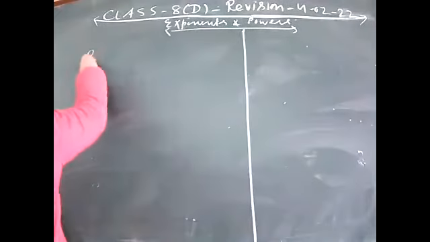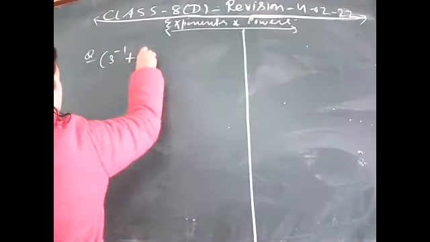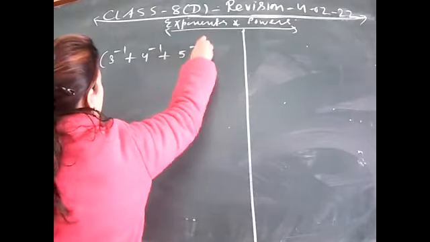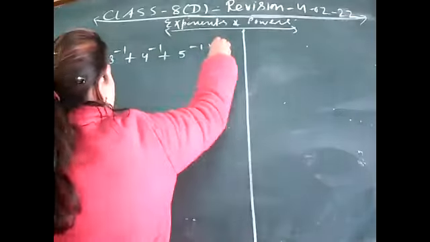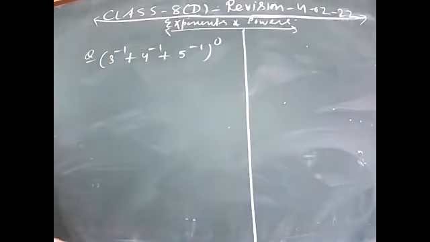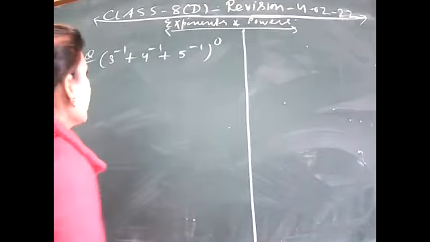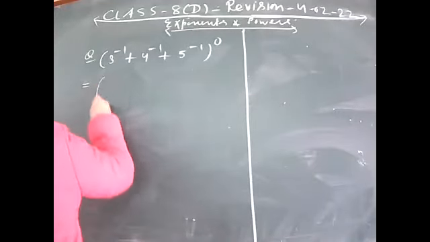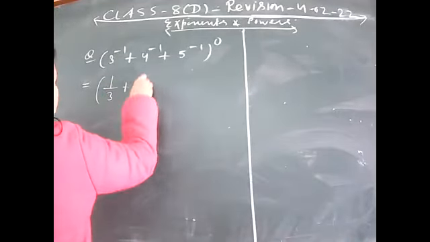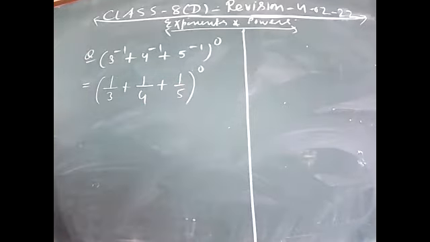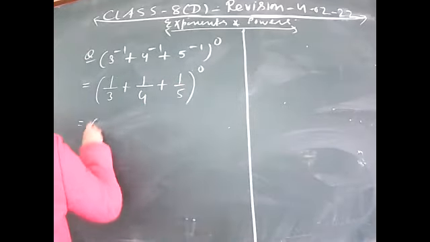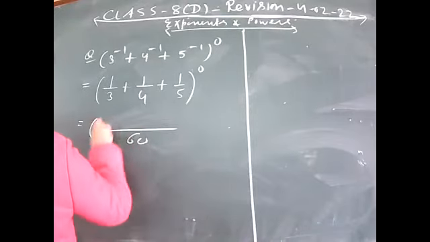Evaluate 3 raised to power minus 1 plus 4 raised to power minus 1 plus 5 raised to power minus 1, and raised to power 0. This is to be evaluated. Otherwise it can easily be said that anything raised to power 0 is 1, but as we have to do its evaluation, we'll write 1 by 3 plus 1 by 4 plus 1 by 5, making the negative part positive. Now taking the LCM, 60 will be the LCM.